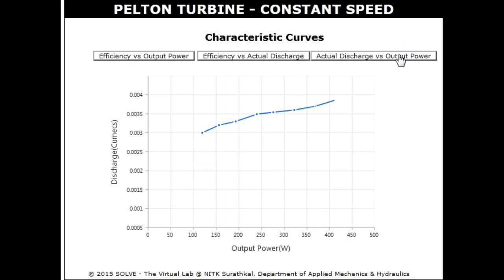So that is what it says. Again, same curve. To have good efficiency, we need good power. To have good power or higher power values, we need to supply more discharge in terms of meter cube per second. So this is all about virtual experiments on the Pelton wheel turbine.